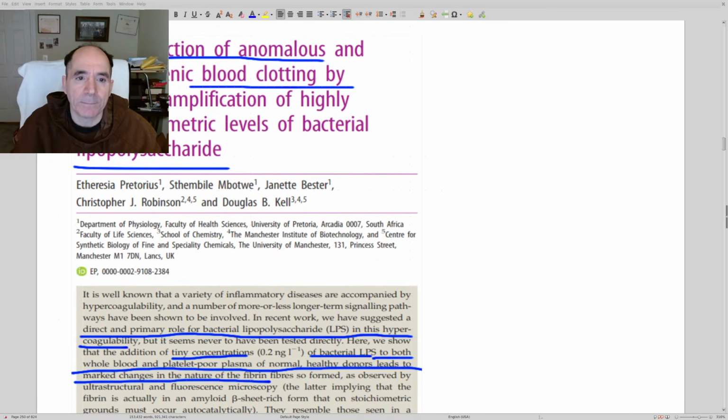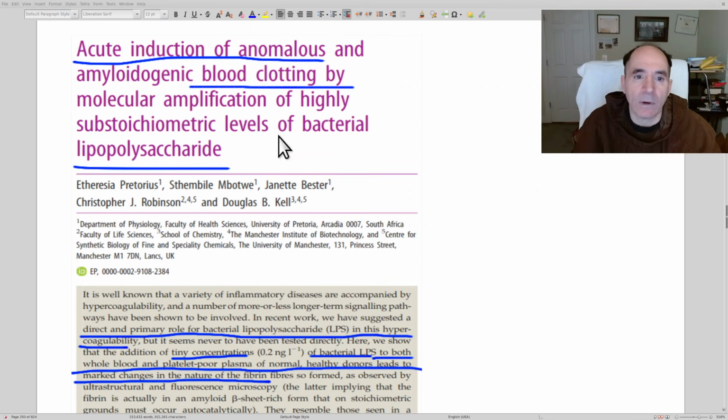Okay, so this says acute induction of abnormal amyloidogenic blood clotting by molecular amplification of bacterial lipopolysaccharide. So what he's basically saying is bacterial lipopolysaccharide, LPS, gram-negative endotoxin, causes a dramatic tendency to shift the fibrinogen to beta-pleated sheet configuration and these dense matter deposits, difficult to lyse clots.